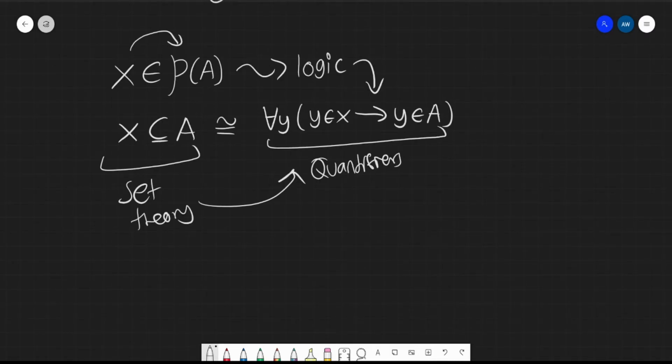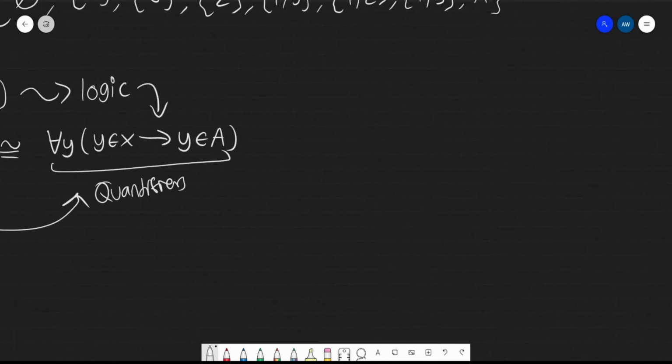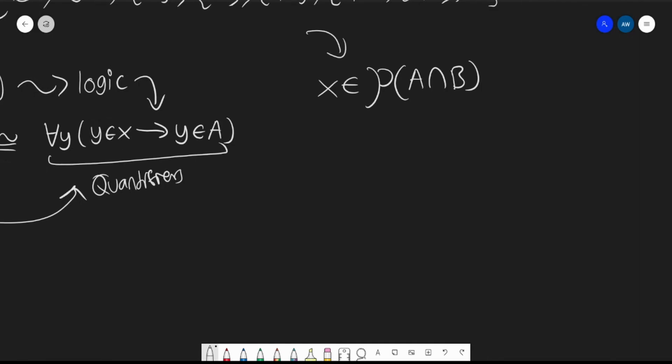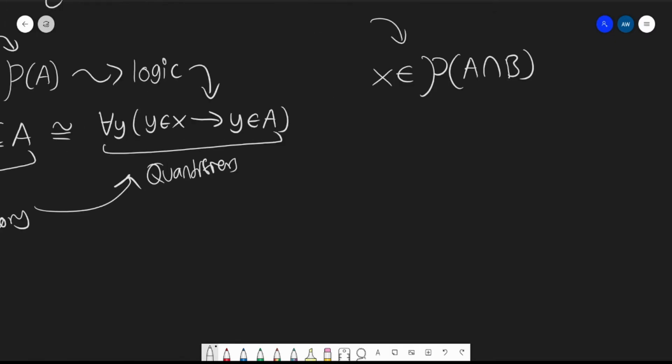So let's try to deal with a more complicated example. Let's say we want to express this idea in terms of logical statements. How do we do that? Well, this shouldn't be too hard, because if x is inside the power set of A intersect B, then x is a subset of A intersect B. And we already know how to express that in terms of logical statements.